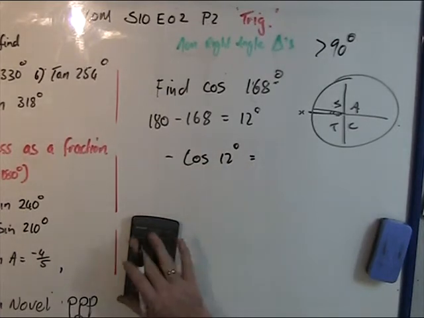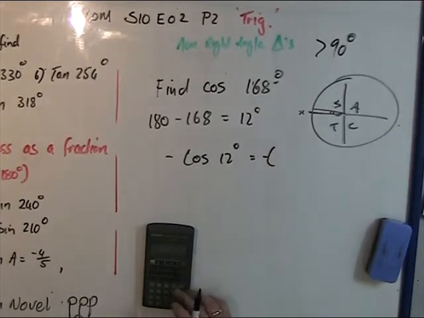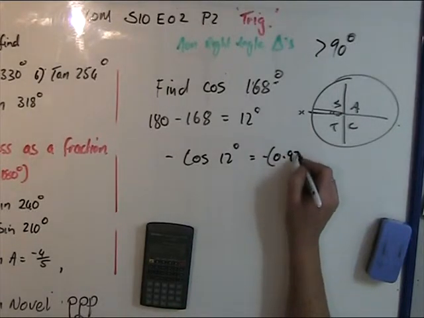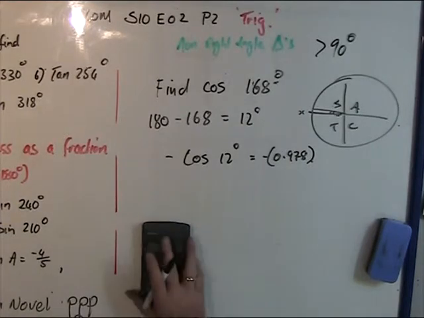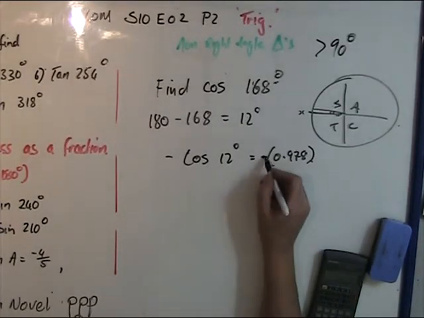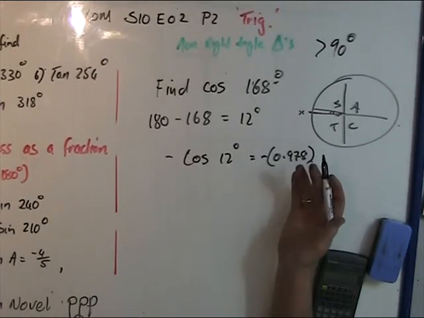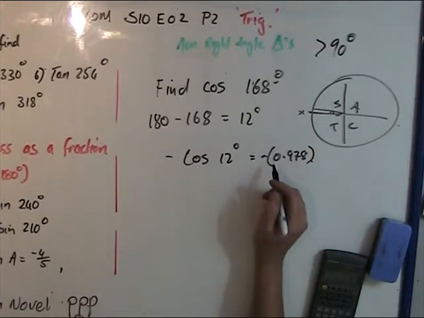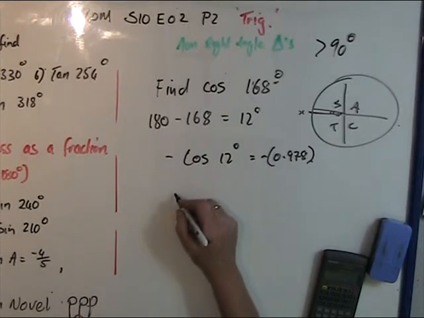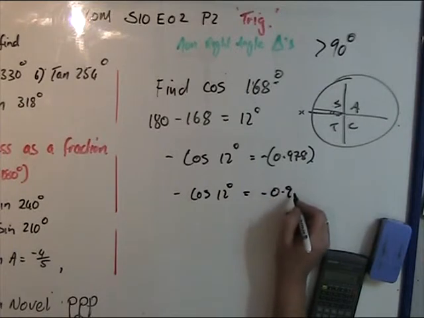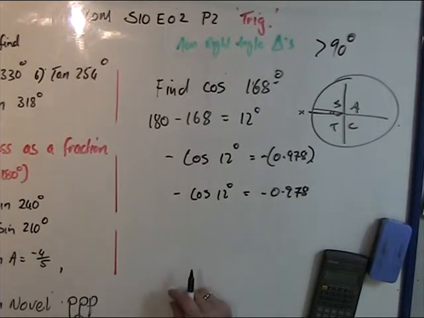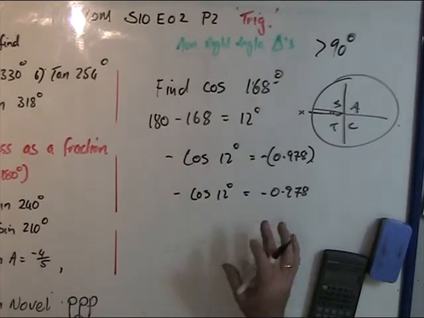On my calculator, cos 12 degrees is 0.978. So minus cos of 12 degrees is equal to minus 0.978. And that's your ratio.